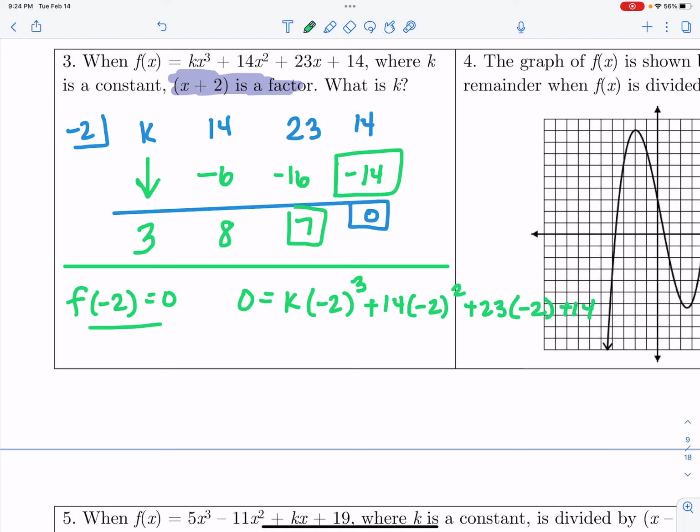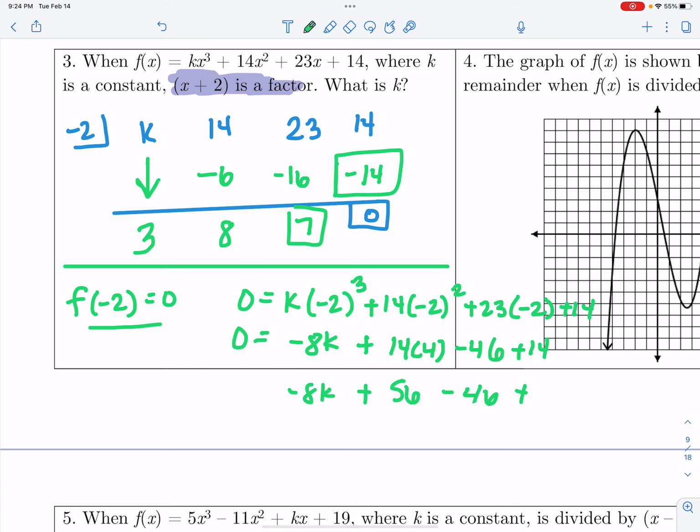Notice how here your evaluating might be a little bit messy if you aren't that strong in algebra and mental math, especially since this is calculator inactive. Once you do all of this mess, you are going to see that k is going to equal 3.